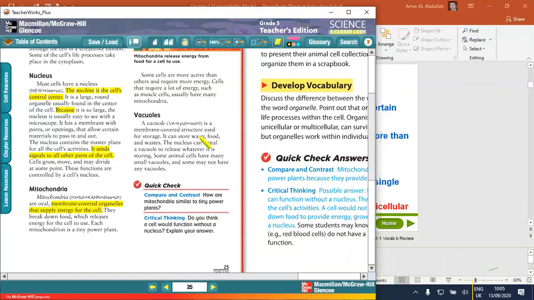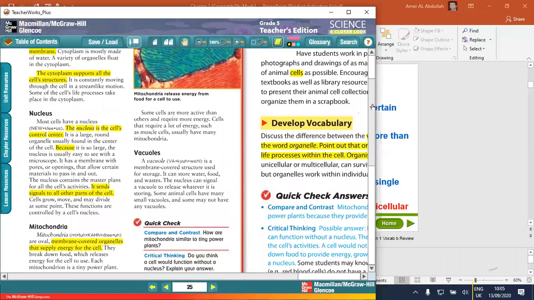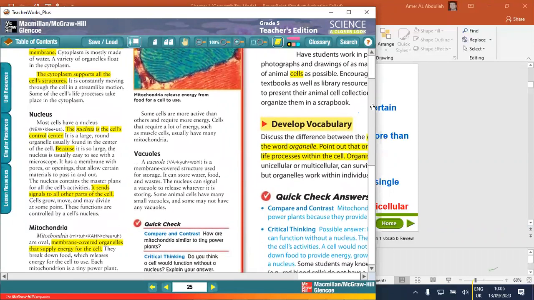Continue. Which releases energy for the cell to use. Each mitochondrion is a tiny power plant. Some cells are more active than others and require more energy.